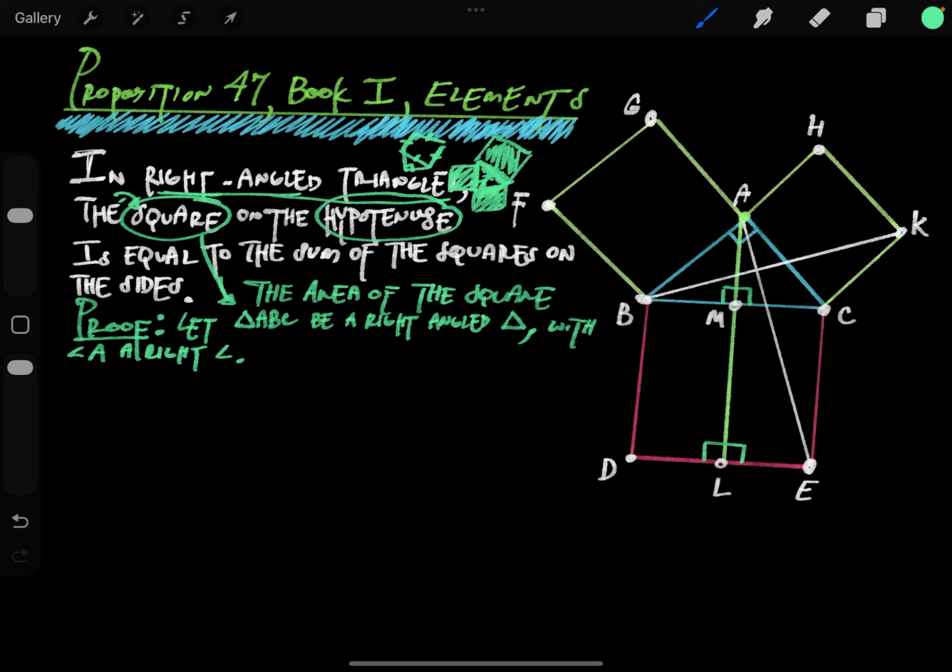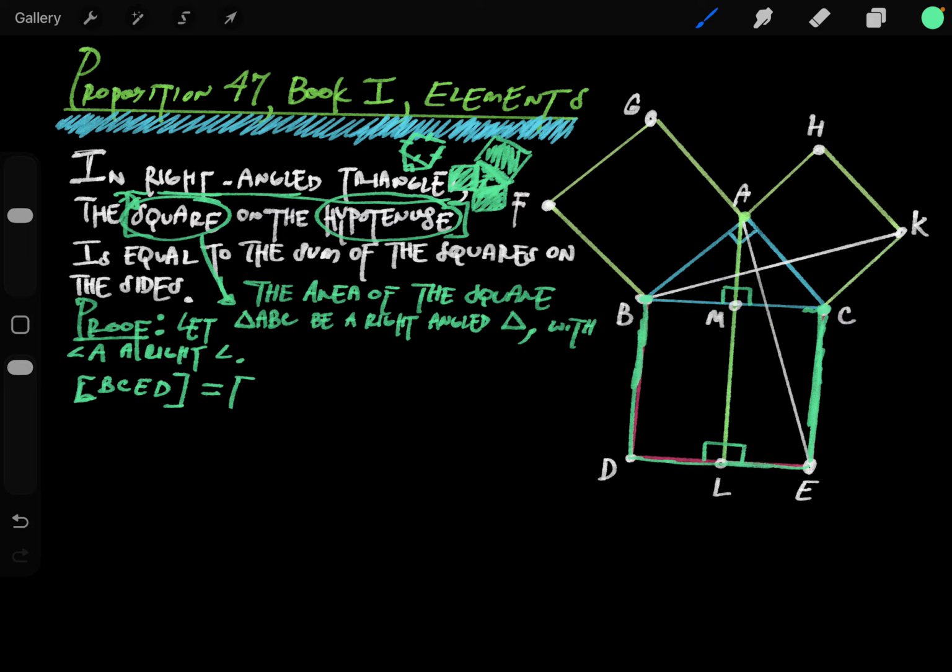Now I'm going to make clear what exactly we want to show. We should see that this square BCED, if we go all the way around, is the square on the hypotenuse. So I'm going to write that BCED, and when I put it in brackets, I mean the area of, must be equal to the area of the squares on the sides.